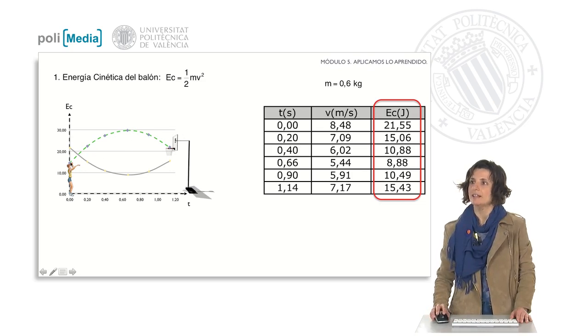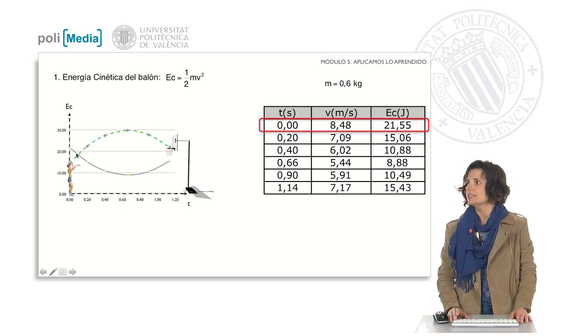In the graph, we remember the trajectory in green dashed line, and with gray continuous line, we have represented the values of the kinetic energy. As the kinetic energy is proportional to the velocity squared, we can see how the maximum value of the kinetic energy is given for the initial instant.